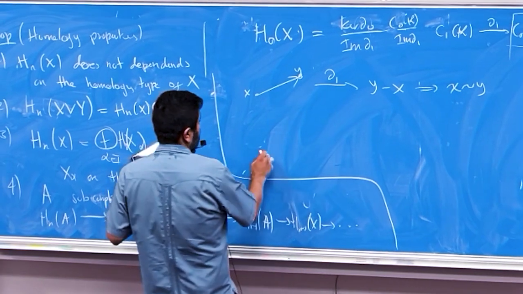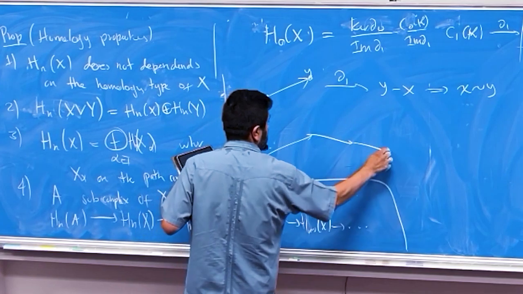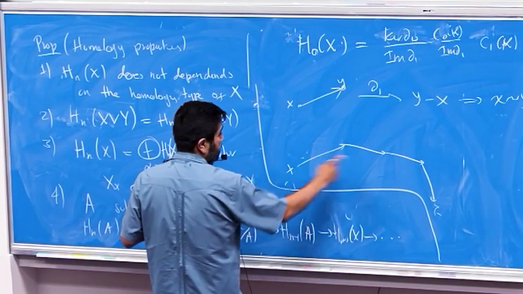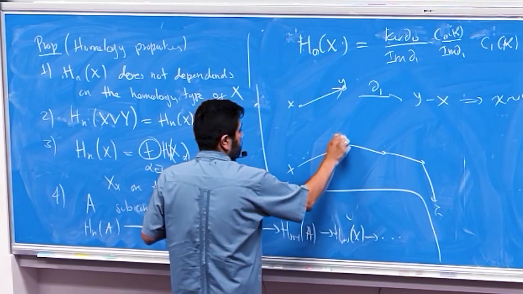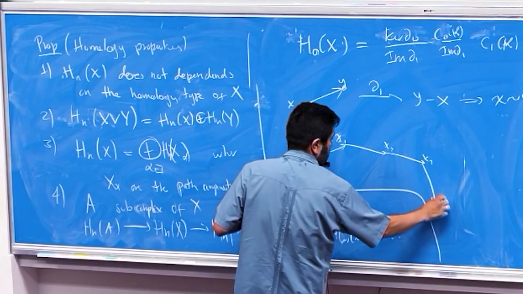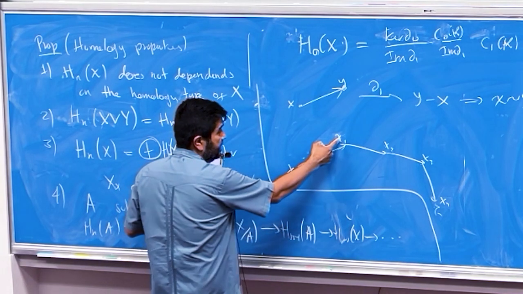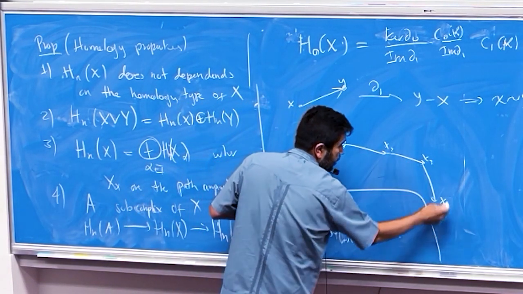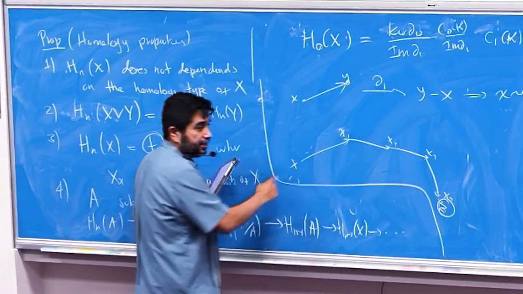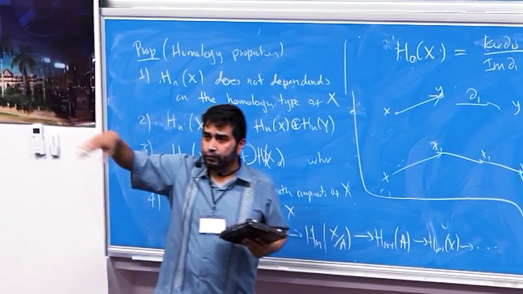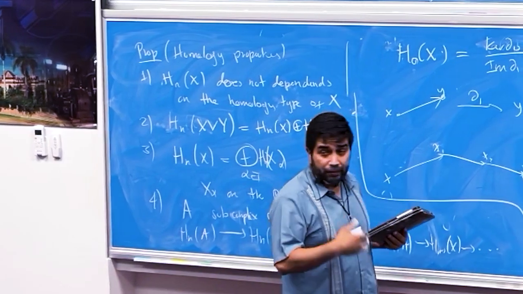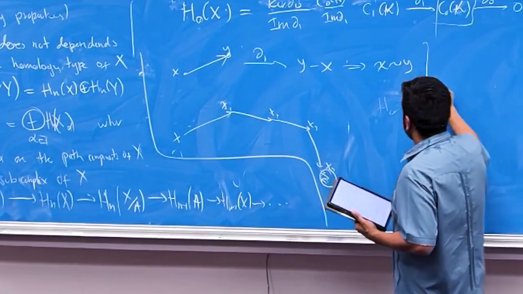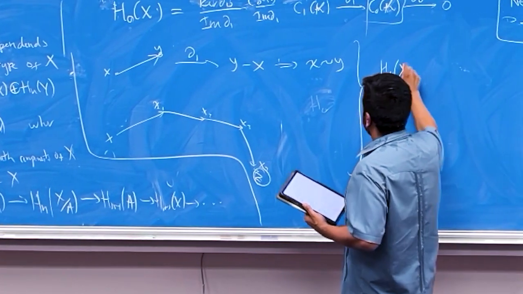So if I have a path connecting a vertex to another one, that means that x is equivalent to x1, x1 to x2, x2 to x3, x3 to x4, and so x and x4 are equivalent. So everything that can be connected by a path is going to be equivalent.